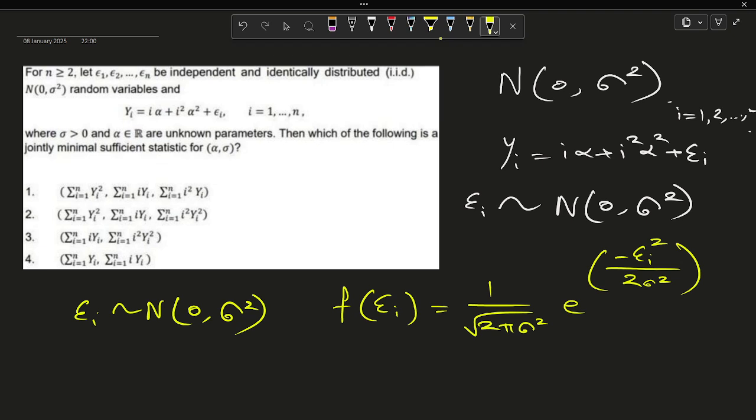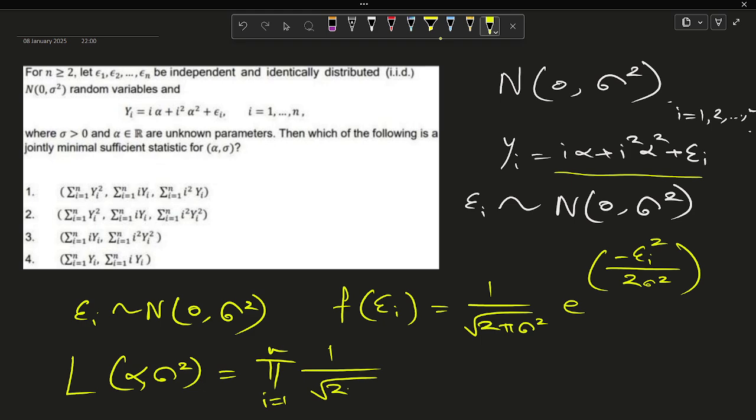Now using this, the likelihood function for y1, y2, ..., yn is L of alpha comma sigma square, which equals the product over i running from 1 to n of this density, with e to the power minus (y_i minus i alpha minus i square alpha square) whole square.